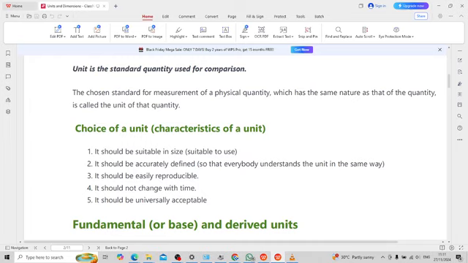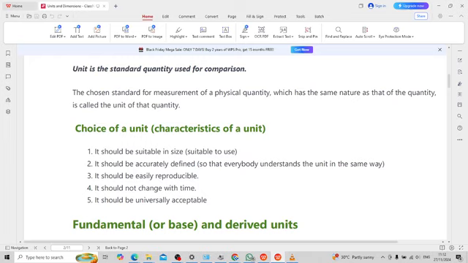Number 3, it should be easily reproducible. If I'm measuring 1 meter, I should be able to easily produce the meter at any point in time. That will aid us to develop a device to measure the quantities using that unit. So if I say 1 meter, anywhere I am, I should be able to produce a device to measure the meter.